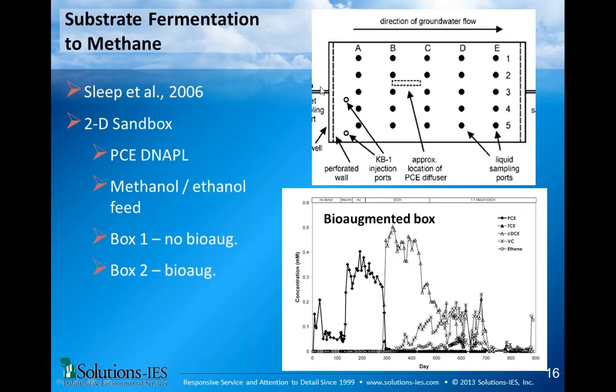As soon as they bioaugment, they get this big jump. That's the bioenhancement factor. They basically doubled their removal efficiency during that time period. And you can see it stays high for a while here, and then eventually declines.